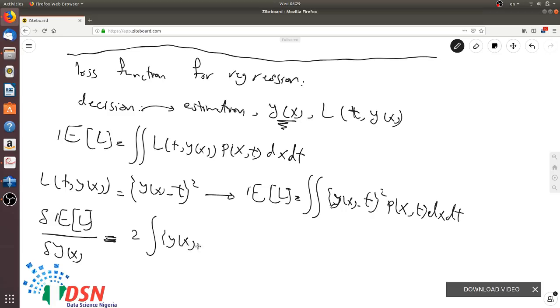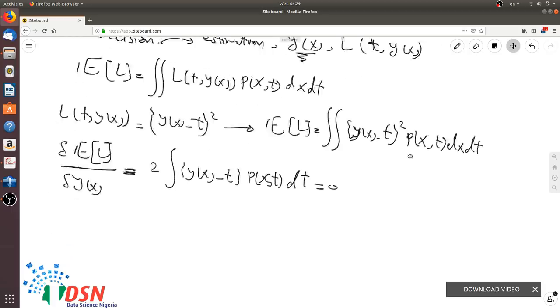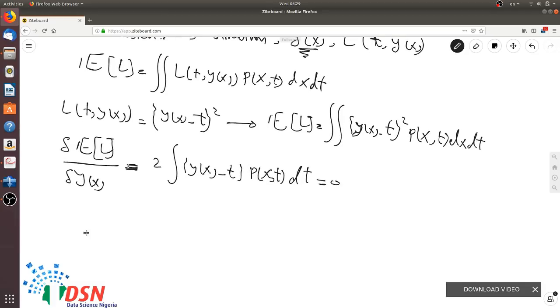So we could set this to 0 and derive the estimate of y of x, the model output that can minimize this loss function, and that is the integration of t times the joint probability over p of x.